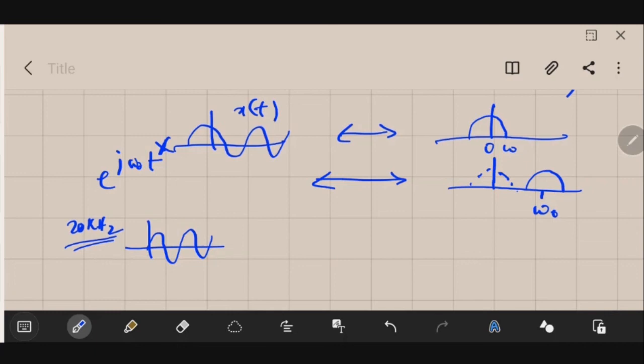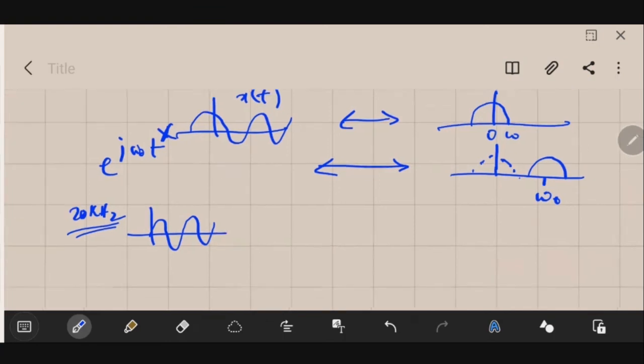If you try to transmit this 20 kilohertz signal through the wireless medium, it can hardly reach a few kilometers. If you use a loudspeaker, maybe it will reach 1 or 2 kilometers. That would depend on the noise present in the medium and a lot of other parameters.